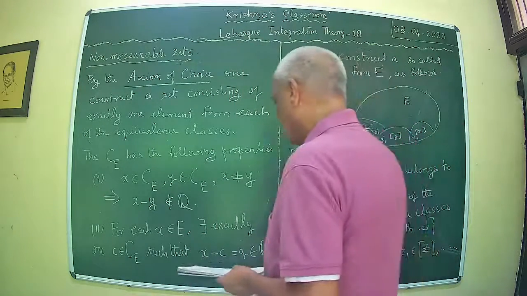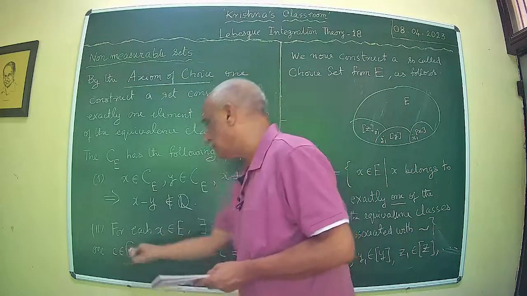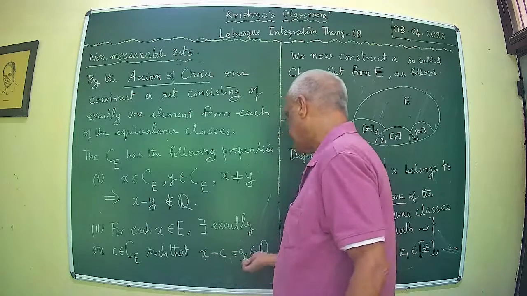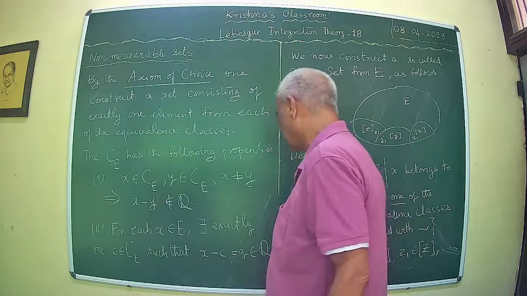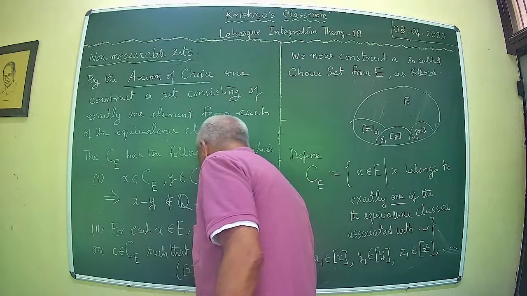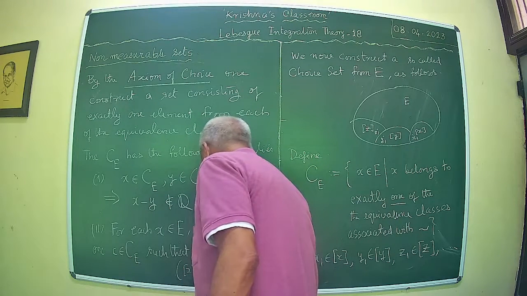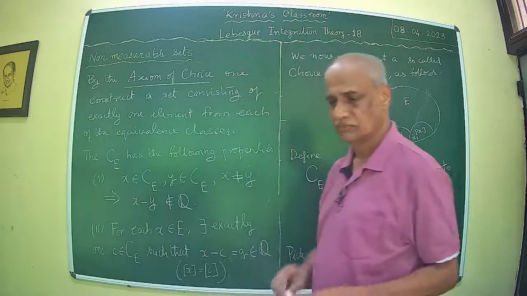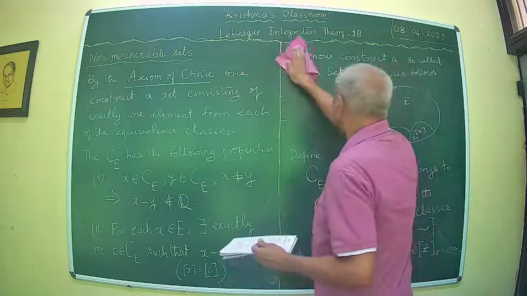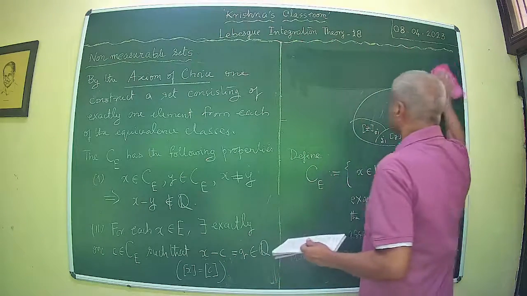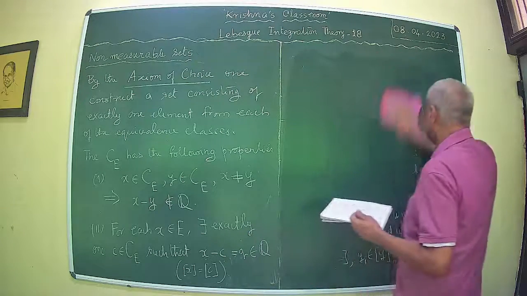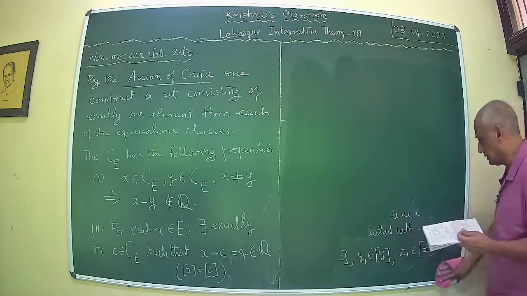So there is exactly one c belonging to C such that x minus c is equal to q belonging to Q. That is the meaning. So we have seen the construction of C.